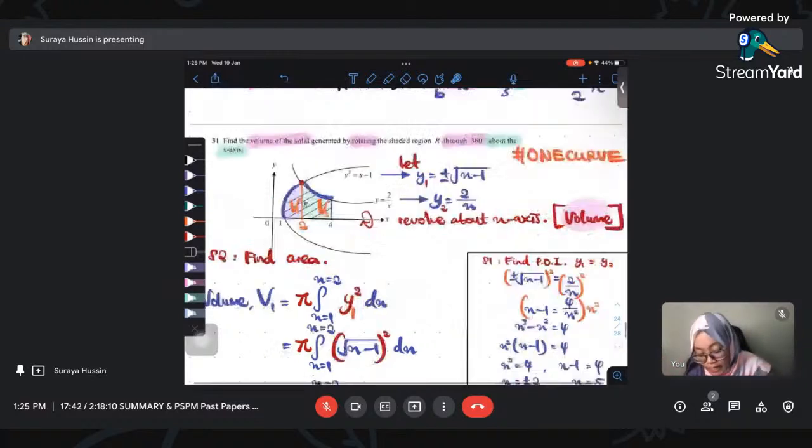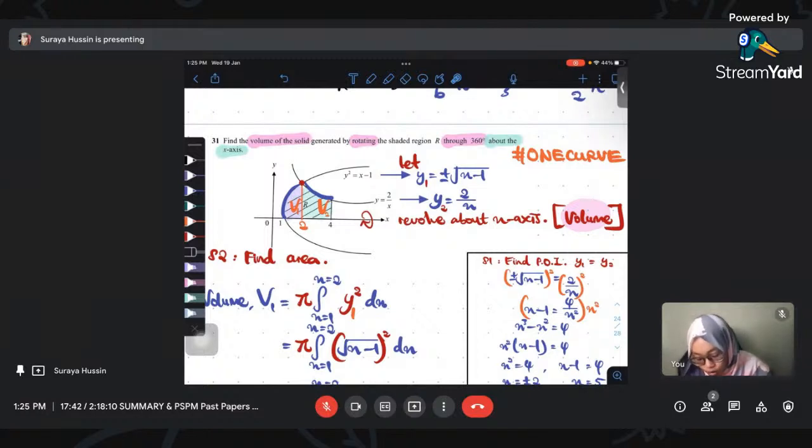Walaupun soalan ni memang jahat lah, dia bagi dua function. Let's say, kan Miss kata dua function, dua curve. Oh, no. This question is very, very tricky and memang nak trick kamu lah. Actually, this soalan memanglah ada dua function.